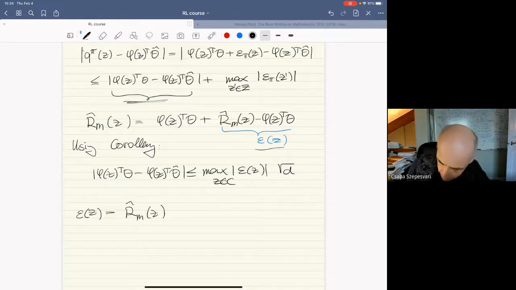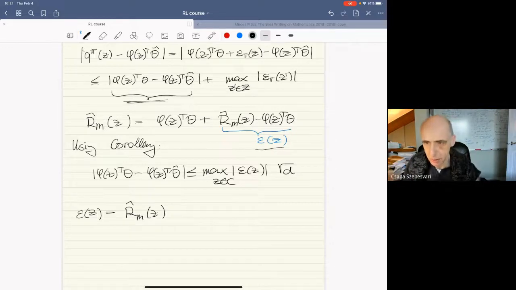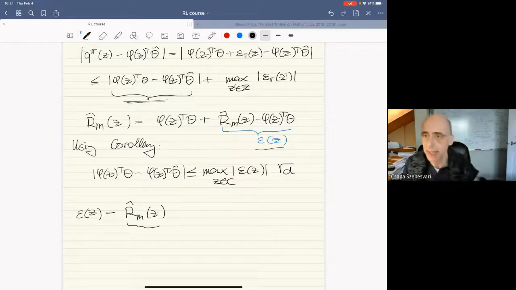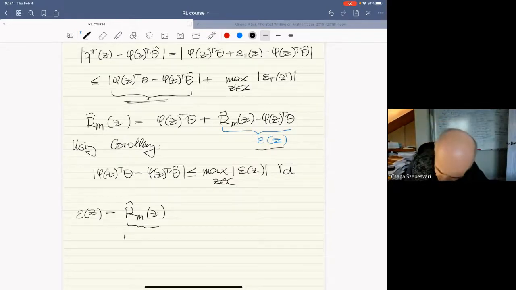I see that some people already wrote in the chat that there's going to be some truncation error. Indeed, if you take the expected value of this guy, its expected value is the same as applying the Bellman evaluation operator underlying policy pi H times to the function 0 and taking its value at z.